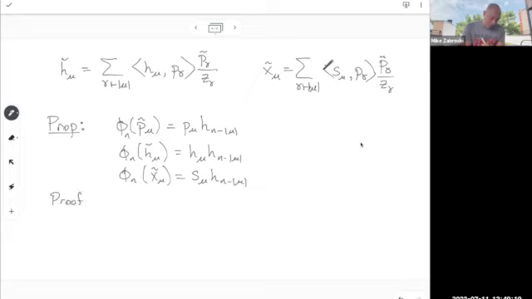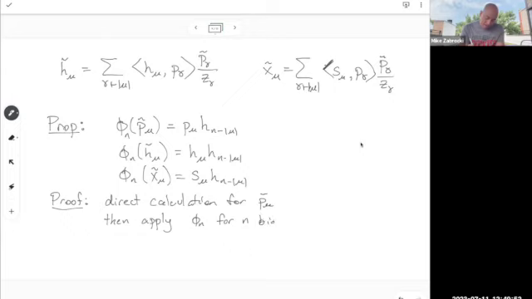I'm not going to do the whole proof, but this is a direct calculation for P mu tilde, and then apply phi n for n big to the other two, and deduce that it's right.